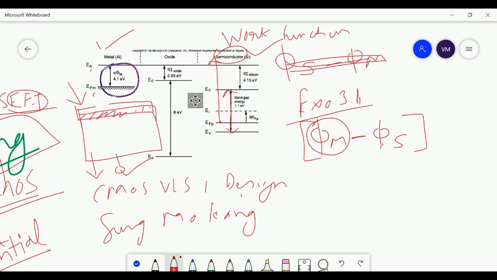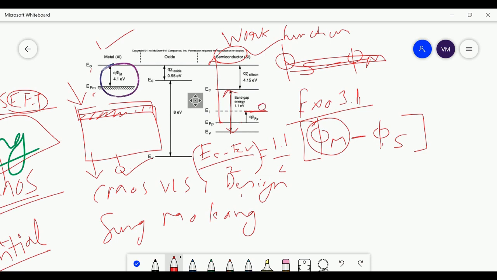Band gap is the difference between EC and EV, that is 1.1 electron volt. So with this we can calculate the intrinsic potential. That is half of EC minus EV, when you do (EC minus EV) by 2. So that is 1.1 divided by 2, and that comes out to be 0.55.